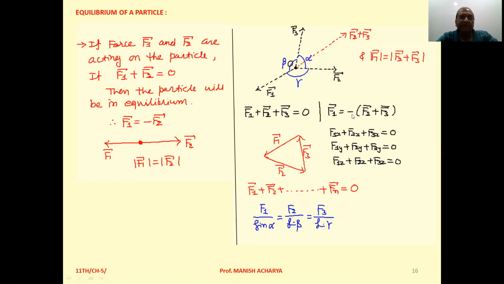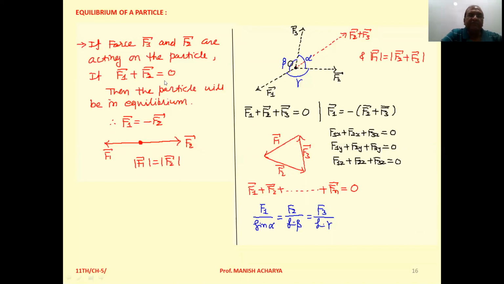Now see, suppose two forces are acting on the particle, then in which condition will we get equilibrium for the particle? If two forces F1 and F2 are acting on the particle, then the vector summation of these two forces, vector F1 plus vector F2, should be equal to 0 for equilibrium.